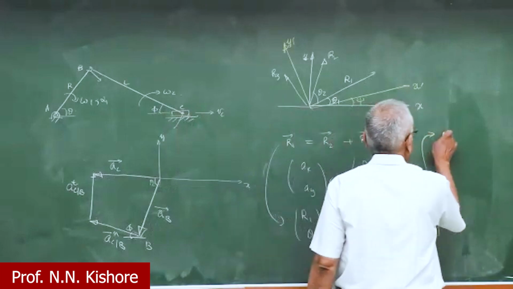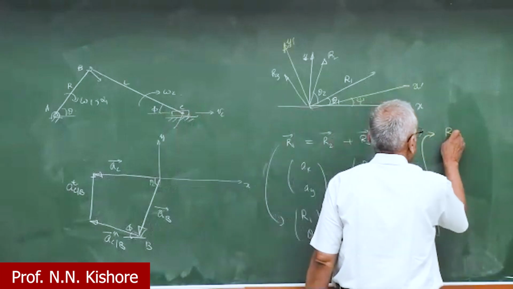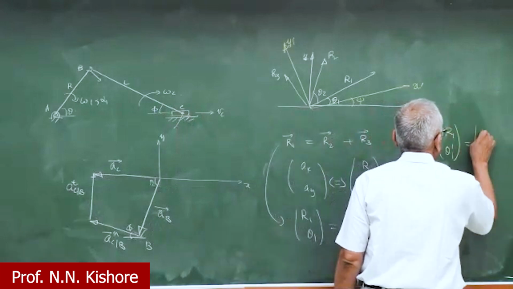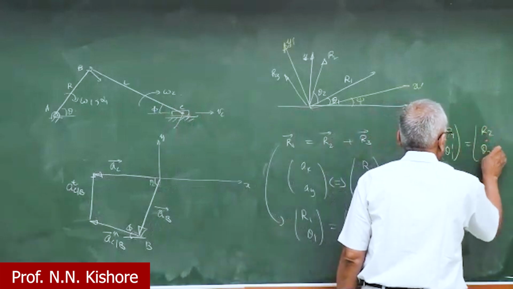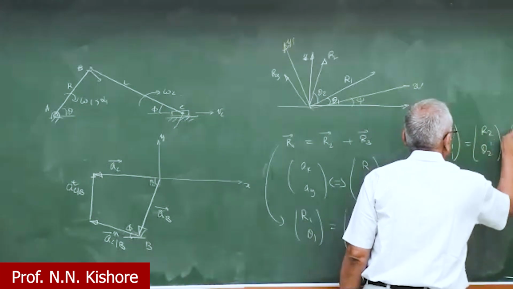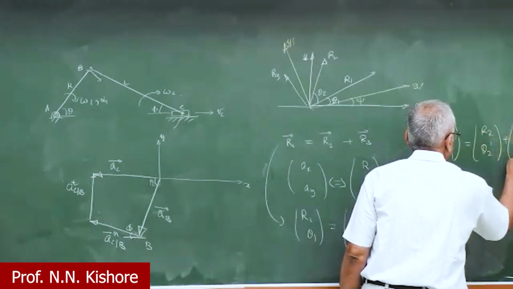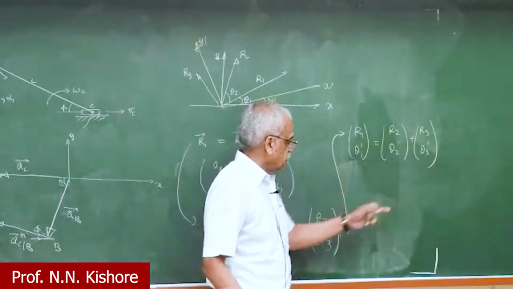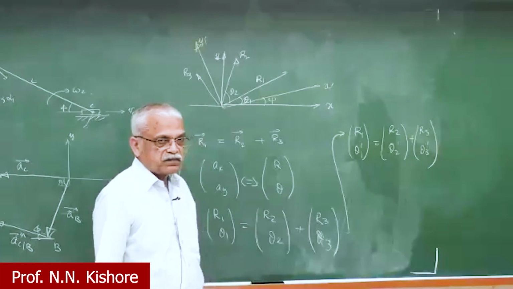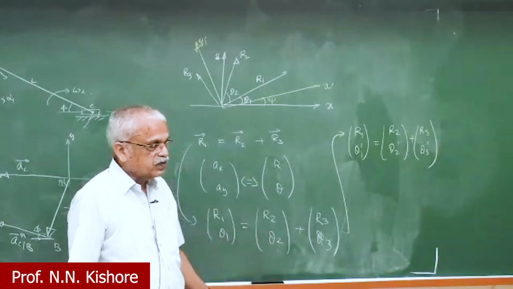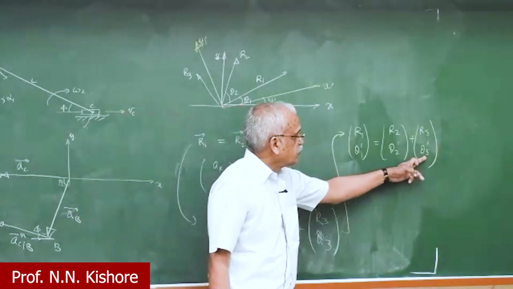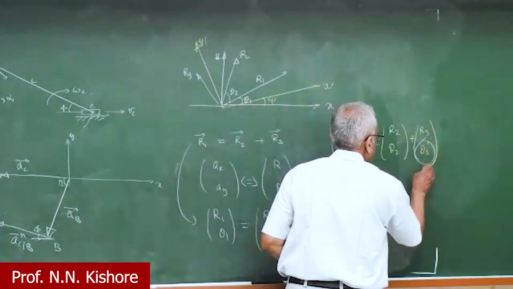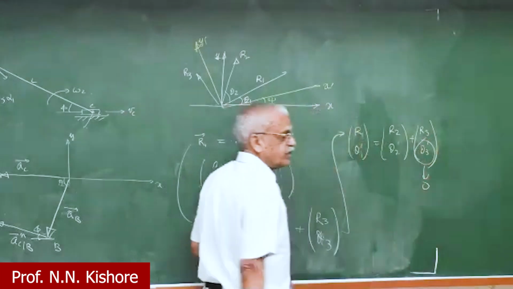The magnitude will not change, however the angles will change. So now the angles have changed to theta 1 prime, theta 2 prime, theta 3 prime. What is the advantage of this? Is it possible for you to choose theta 3, for example, to be 0?